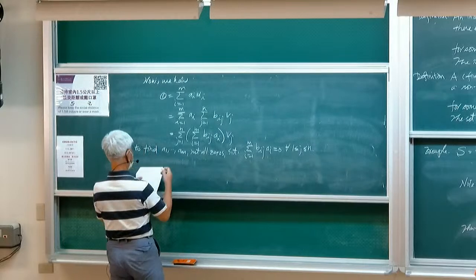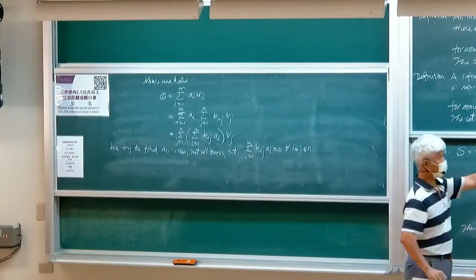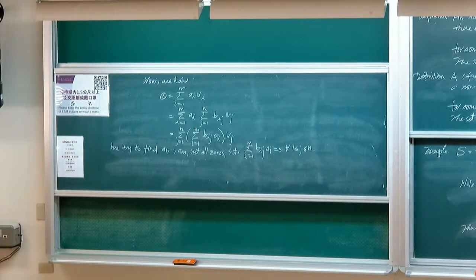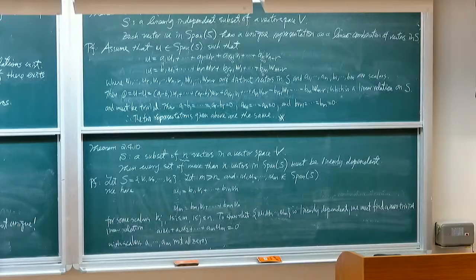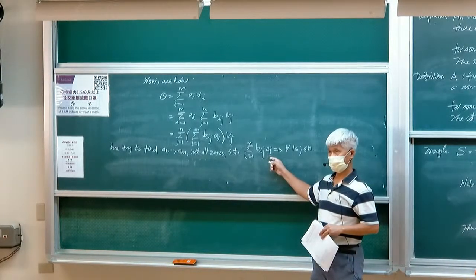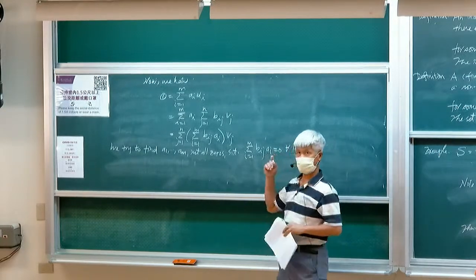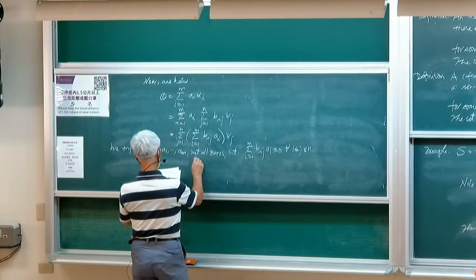All right, because the b_ij are known, right? Because they are the coefficients of the linear combinations. Unknown are the a_i. So we have a system of linear equations to solve, and this system is homogeneous. Now we can write it here.